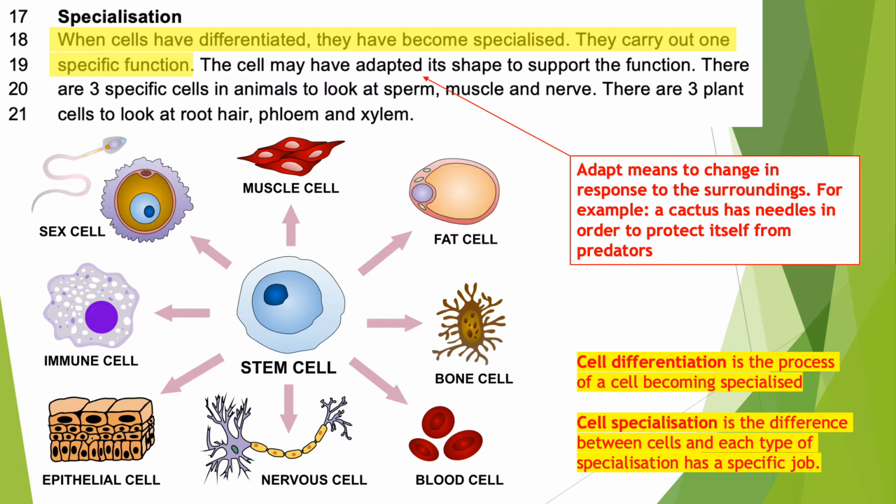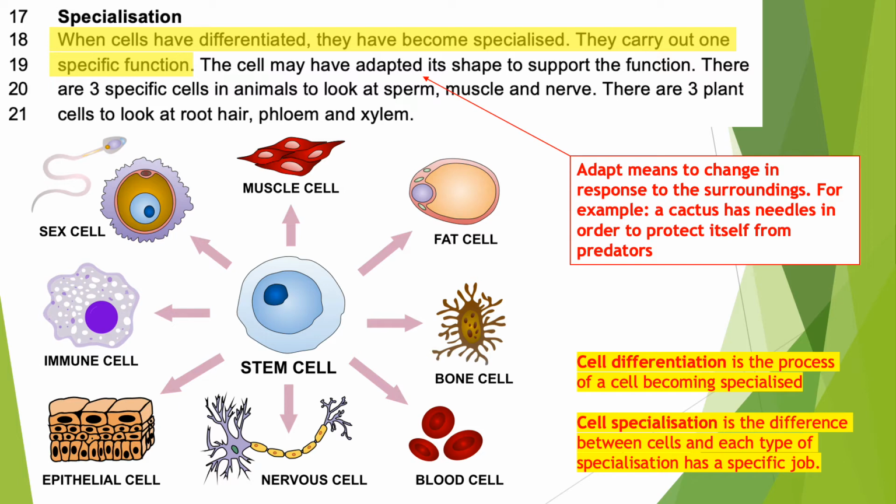Cell differentiation is the process of a cell becoming specialized, all right? So it's the actual procedure that it goes through from a stem cell to become a nerve cell. Whereas cell specialization is the difference between cells. So when you're comparing a nerve cell and a blood cell, both of them have very different jobs and they look very different, right?